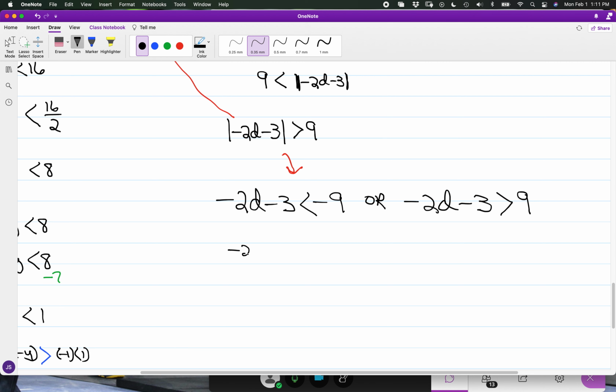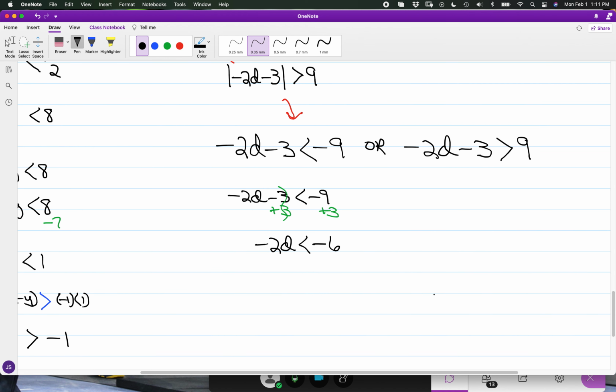Okay, so for negative 2d minus 3 is less than negative 9. So if I add 3 to both sides, I will have negative 2d is less than negative 6.